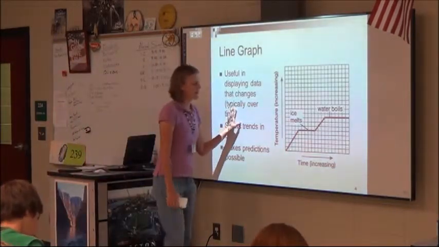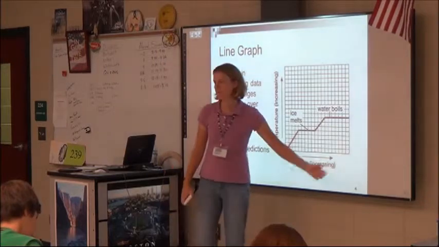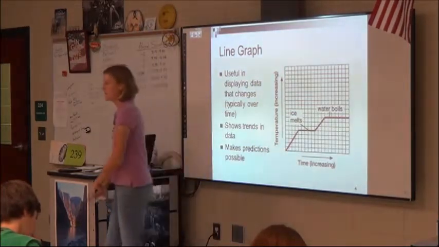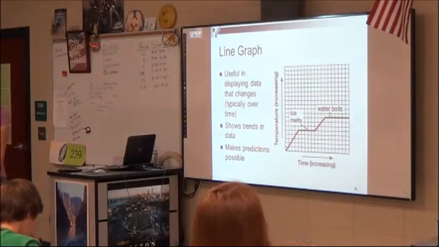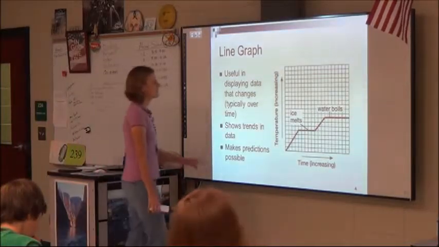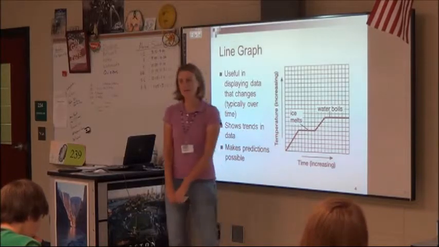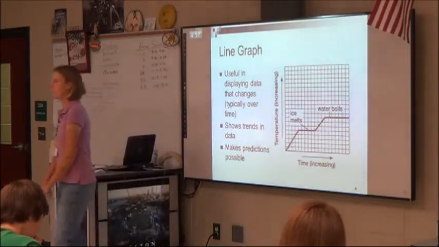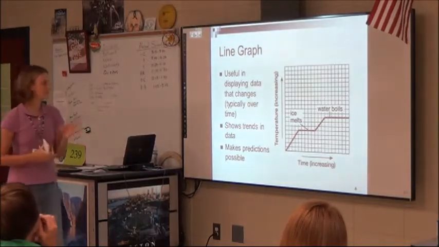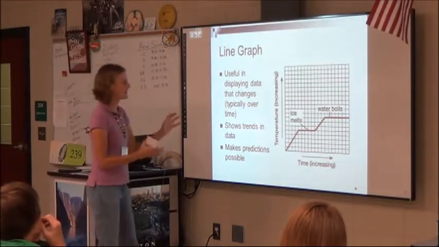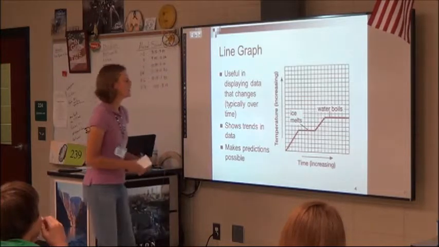Line graphs are very commonly used with something changing over time. Time is often on the x-axis. Doesn't mean it always is. So we could have temperature versus time. Typically, line graphs are used when both your sets of data are numbers, pressure and volume, velocity and time, things that I've measured that are actual numbers.